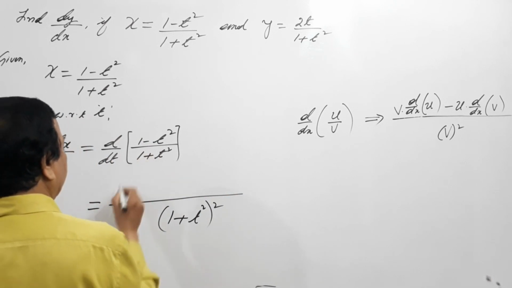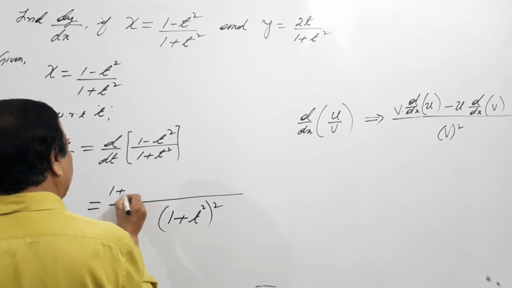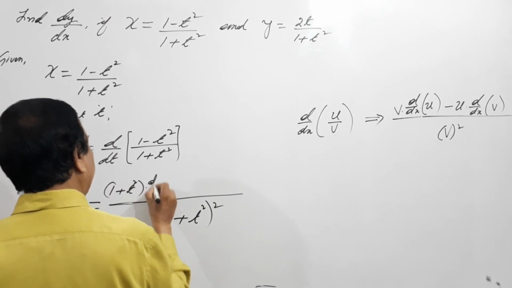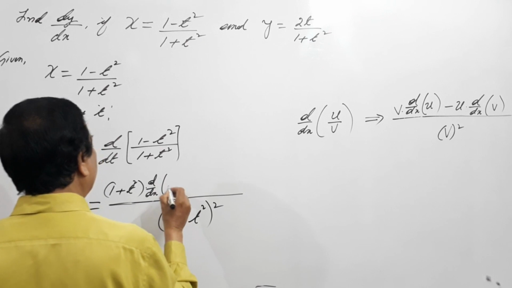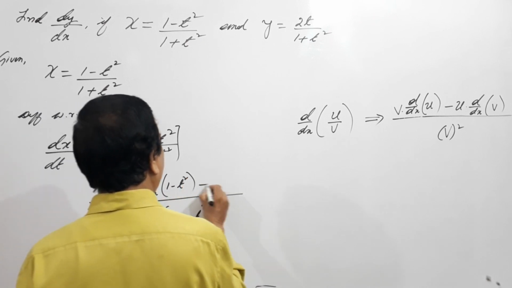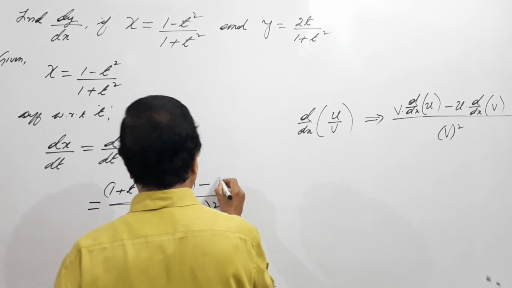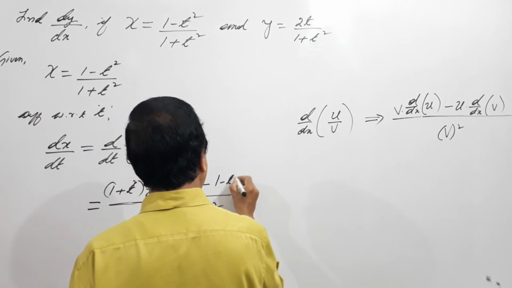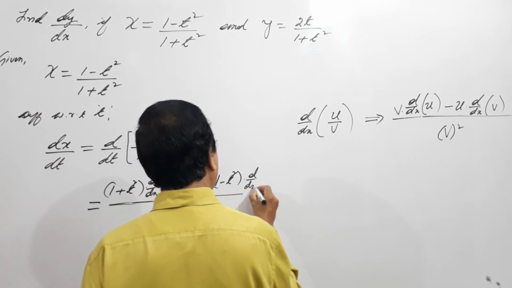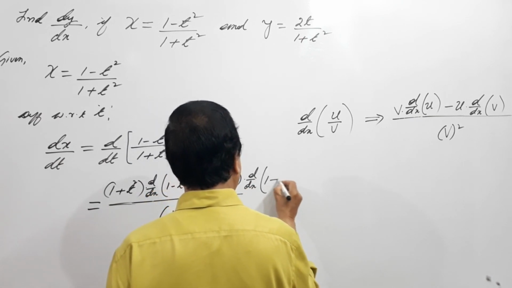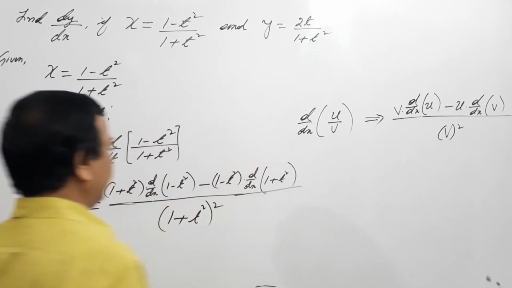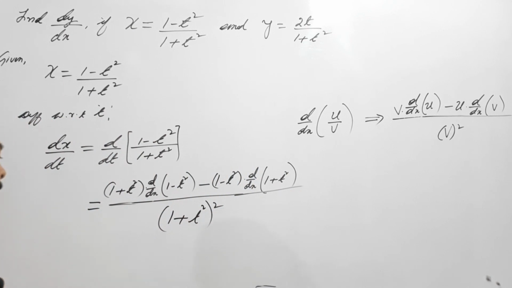Here I'll keep this 1 plus t square as it is, and d by dx of 1 minus t square, minus, then keep 1 minus t square as it is, and d by dx of 1 plus t square. Somewhat it comes to the center, no issues.